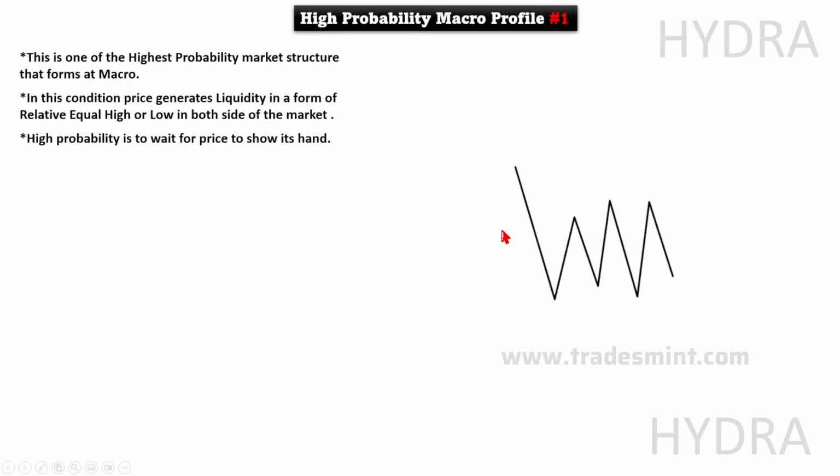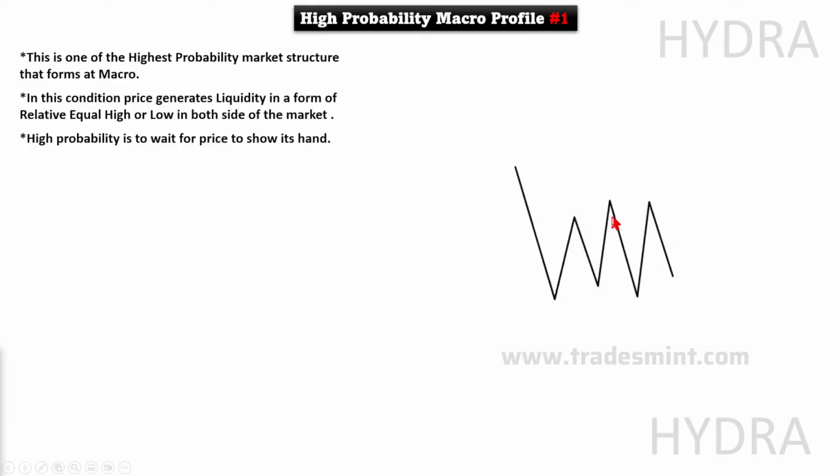And how will we know the price is showing its hand to us? We will wait for price to deliver liquidity on one side and then target the opposite direction. So this is what's happening here. We have our relative equal high here, we have our relative equal low here. When price is just accumulating orders right here, we are not looking for anything.